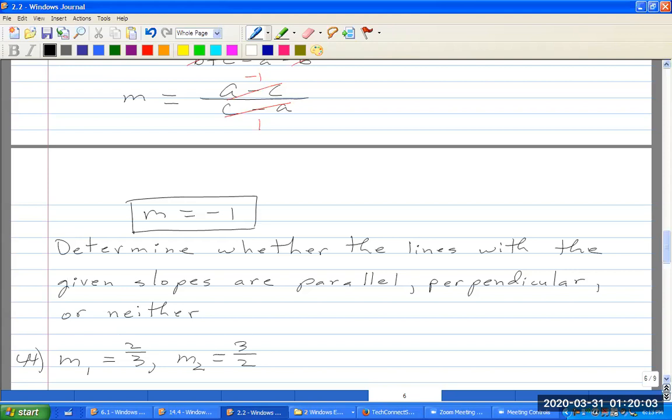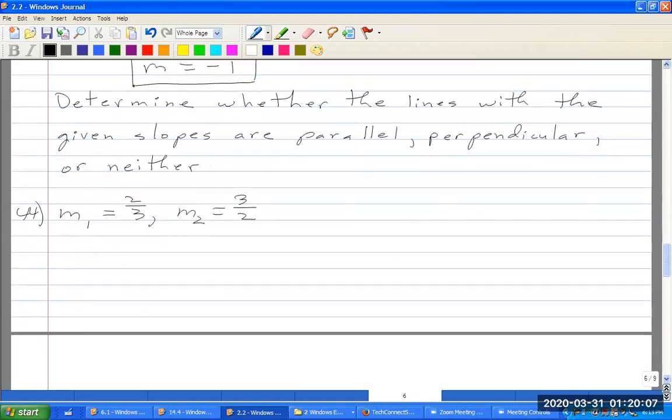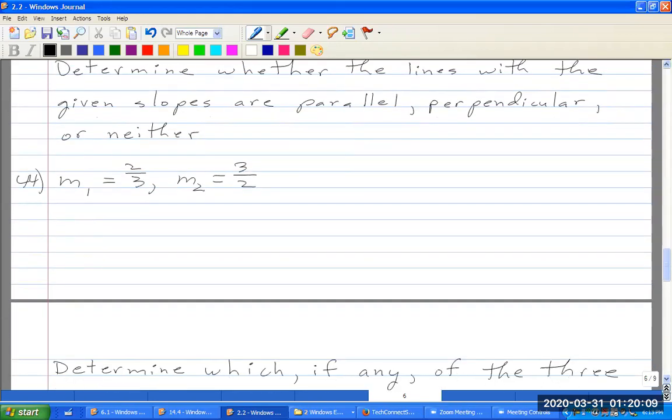Let me do problem number 44. Determine whether the lines with the given slopes are parallel, perpendicular, or neither. Well, M1 is not equal to M2, so it's not parallel.